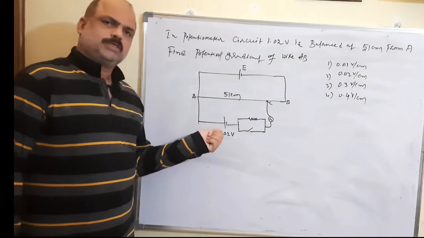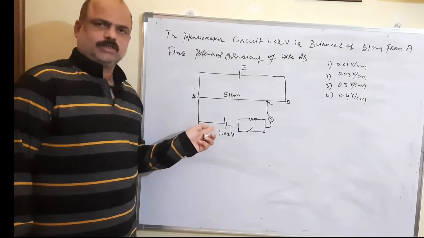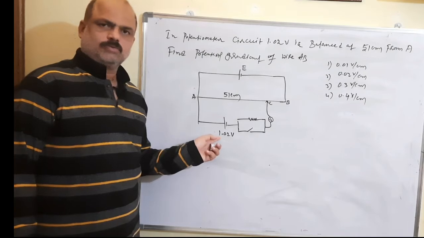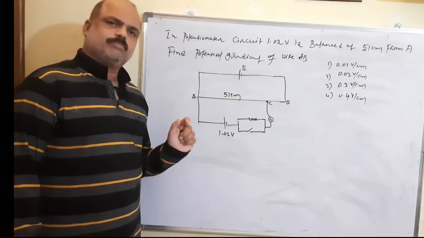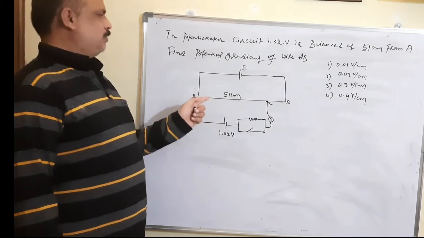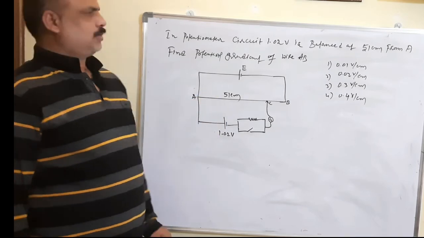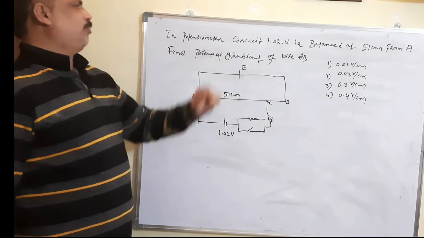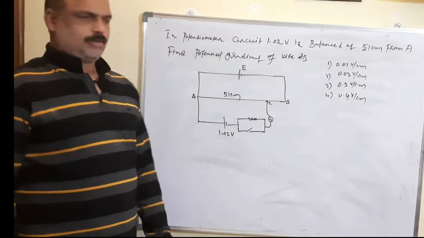The voltage of the cell in the secondary circuit is 1.02 volts, and this is balanced by 51 centimeters of potentiometer wire. Now they ask to find the potential gradient of wire AB.